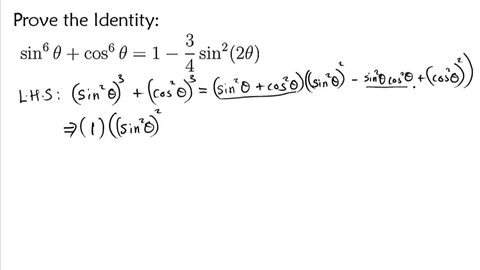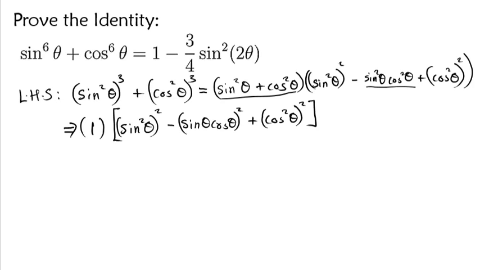For the middle part, I'll write it as sine theta cos theta, and everything is squared because both of them have a square. And on the far end, I have cos square squared, like this. Let me use square brackets. Okay.